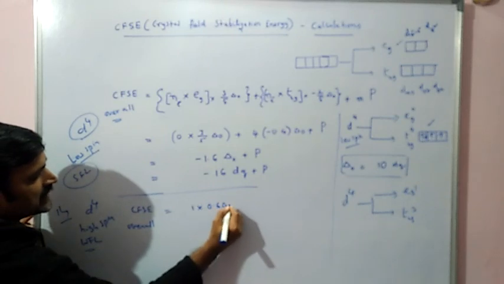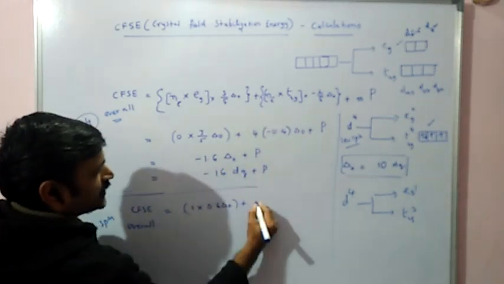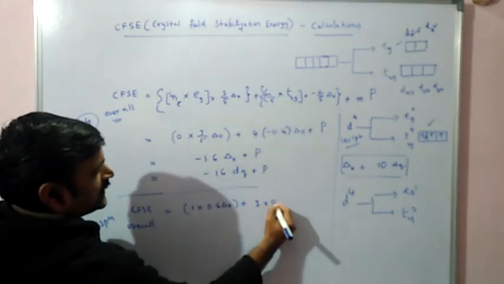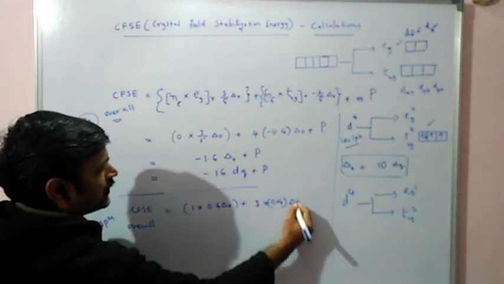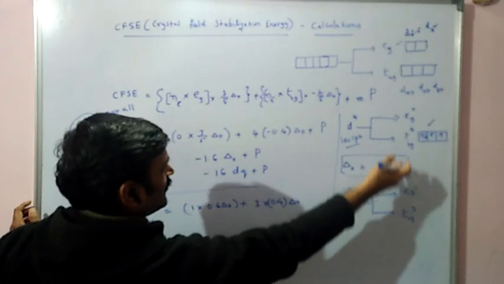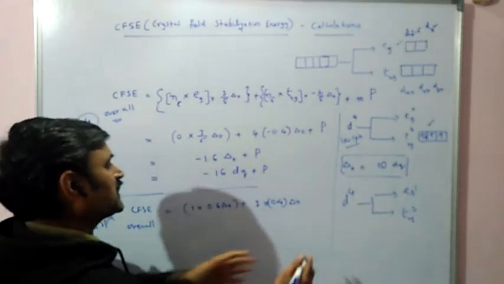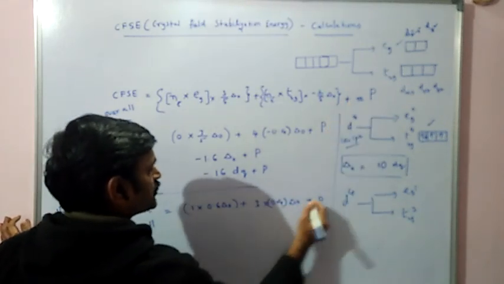So 0.6 delta naught plus the number of electrons in T2g, 3, into minus 0.4 delta naught. The number of electron pairs is 0, so the m value is 0, and 0 into P is 0 only.